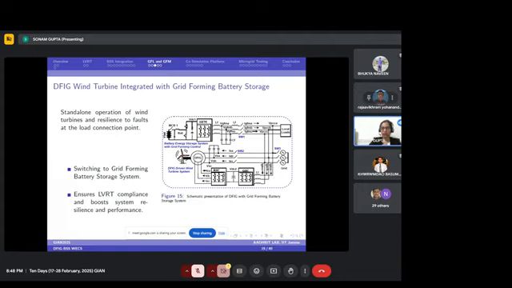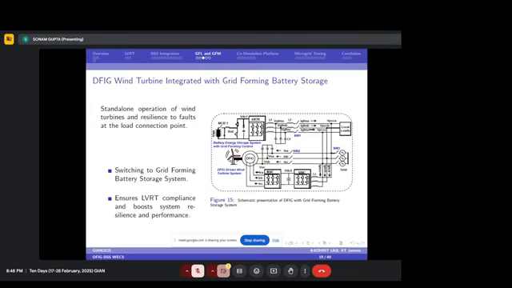In this case, we are mainly talking about the standalone operation of the DFIG wind turbine, by enhancing the response from grid following to grid forming for the battery storage system, which is providing the voltage reference whenever the grid is not there, so that the supply to the loads is maintained.